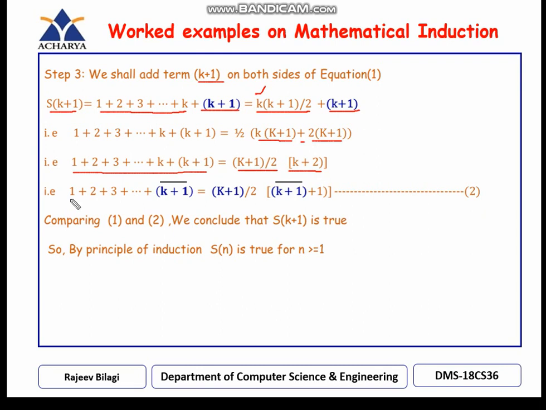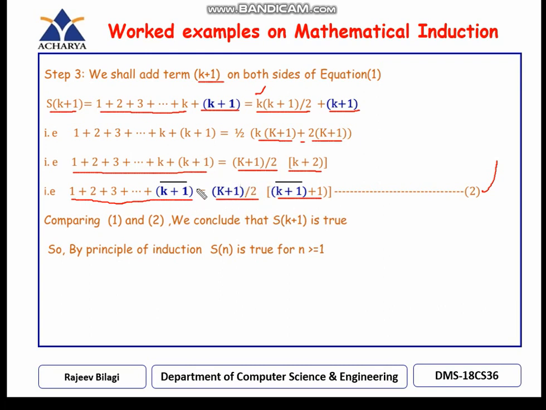So 1 plus 2 plus 3 up to k plus 1. This is to indicate that you are proving for k plus 1. So k plus 1 by 2, and this k plus 2 I can write as k plus 1 plus 1. So it is the same as k plus 2. If you look at step number 2, 1 plus 2 plus 3 up to k, the formula was k into bracket k plus 1 divided by 2.